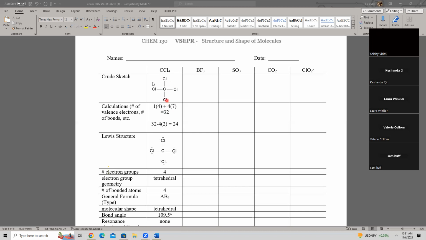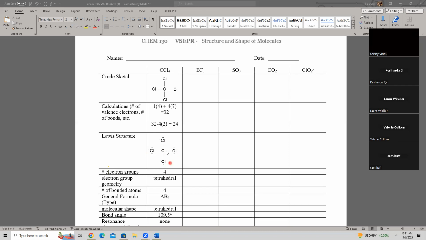Then we do the bonds like this, crude sketch. We subtract the number of bonds. In this case, they put 4 times 2 so that you don't get confused where 8 came from, but it's four bonds times two electrons apiece, which is 8, giving 24. So now you know you've got to put six around each one of the chlorines, and carbon's happy. So we're done.